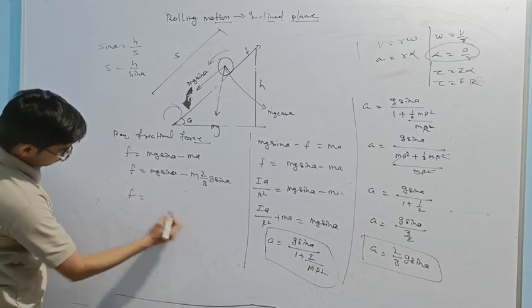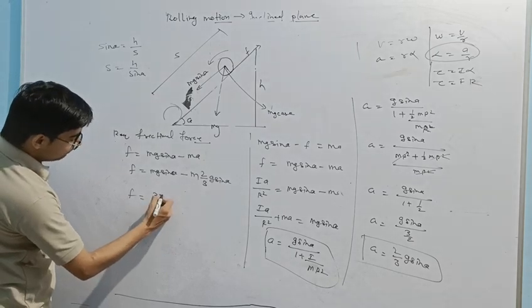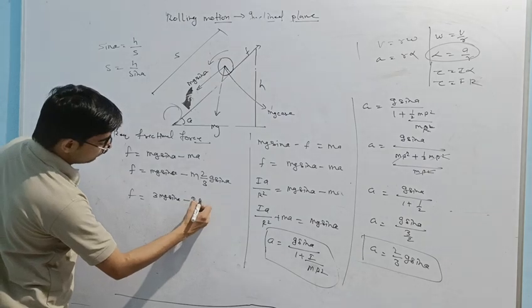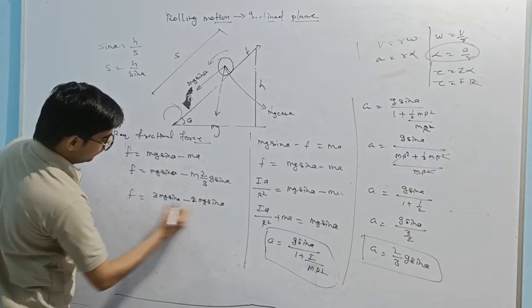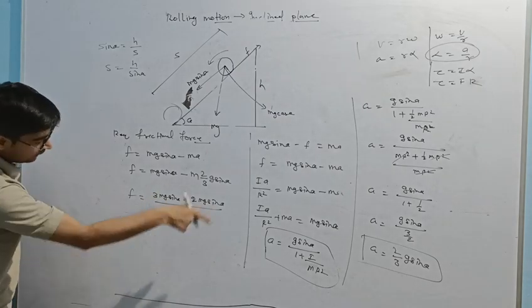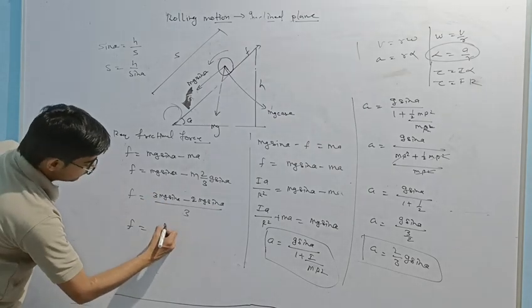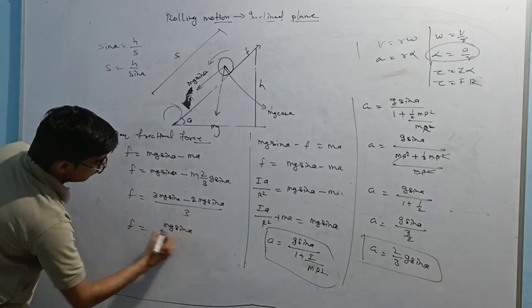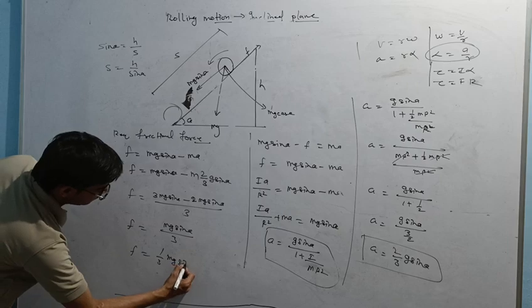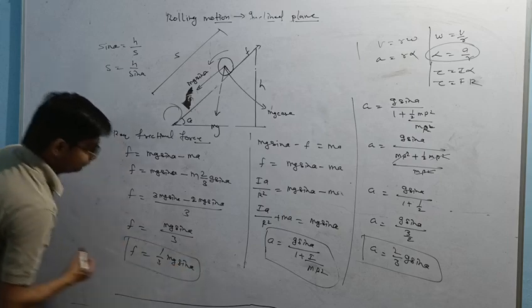So we can write 3 mg sin theta minus 2 times mg sin theta divided by 3, right? So F equal to 3 minus 2, 1 mg sin theta only, divided by 3. We can say also 1 by 3 mg sin theta. This is the required friction force.